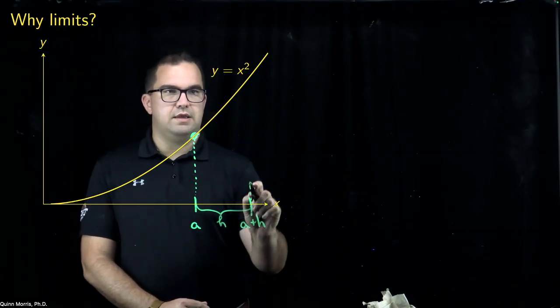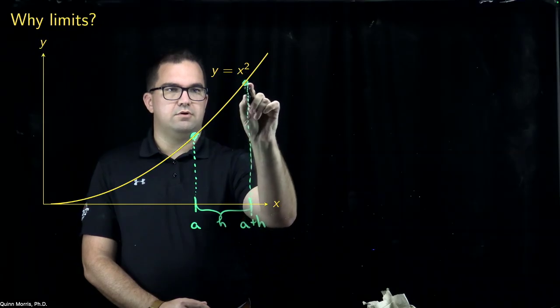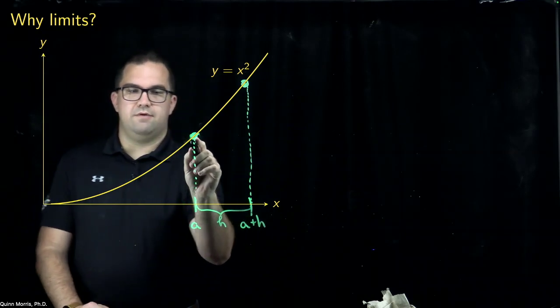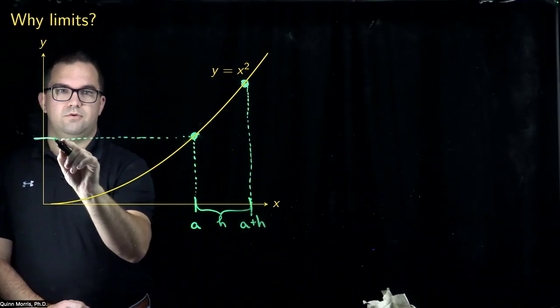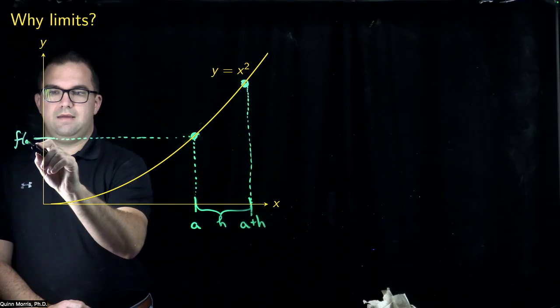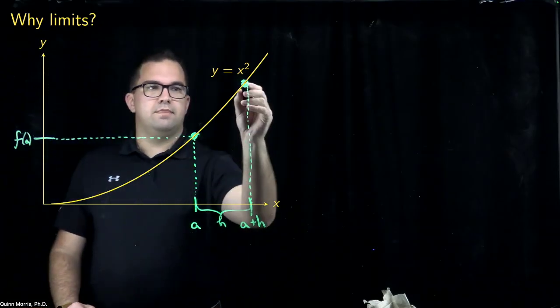Now if I look here, this goes up to another point on the function. Respectively, if I come across here, this takes me to the function value. This is f of a, or in our case, that's just a squared.